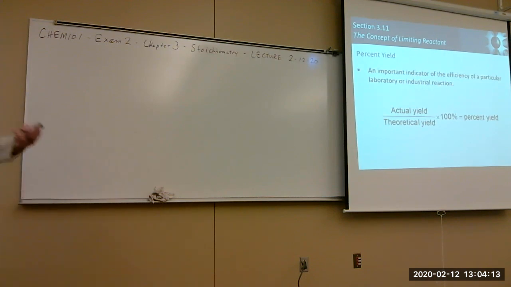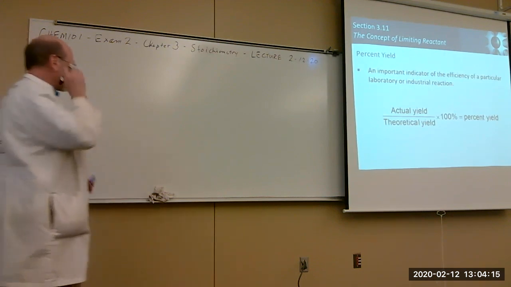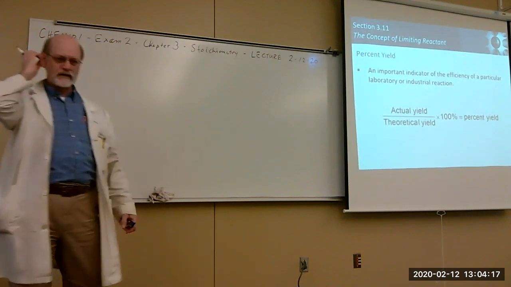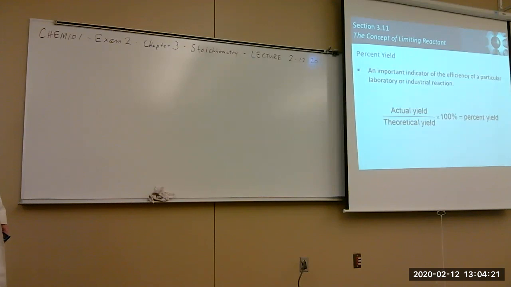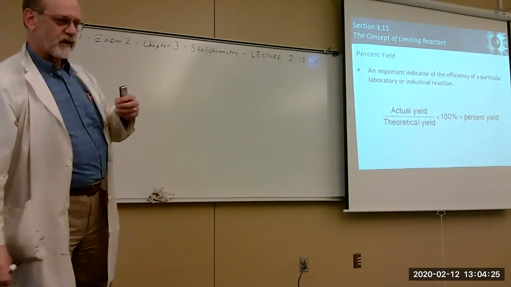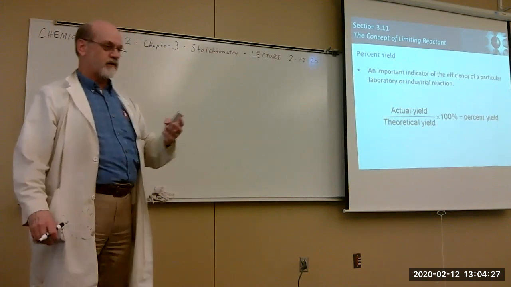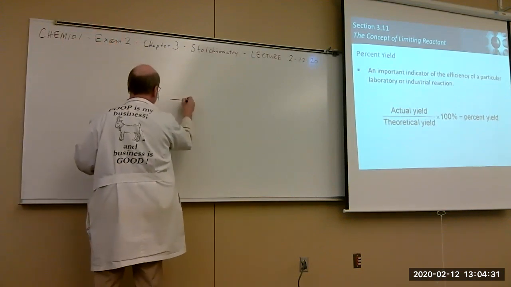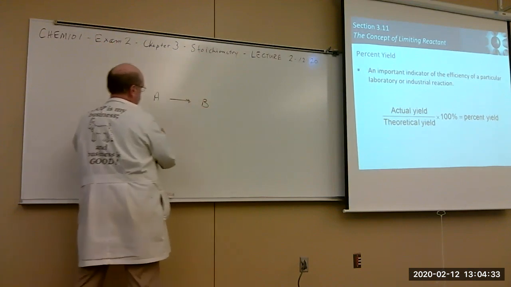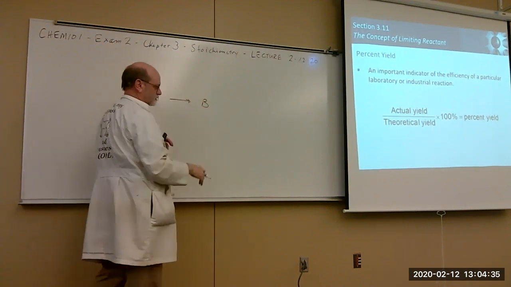It's actually really simple. Picture yourself as a chemical engineer, and you work for a company, and the process that you're in charge of produces, it goes from this to that, so reactant to product.